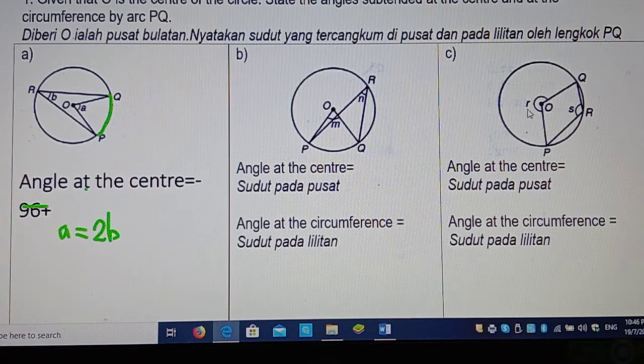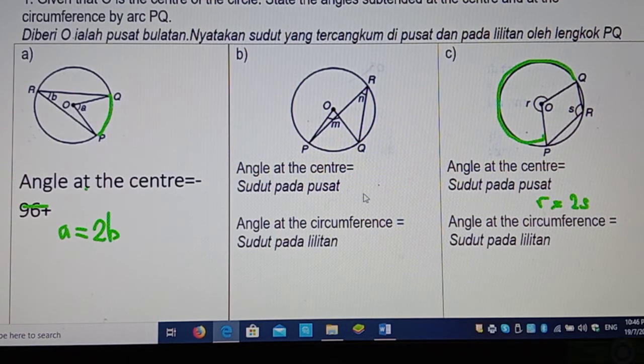And we have this one for the major arc. The central angle is R, so R equals 2S. This one you must understand, R equals 2S.